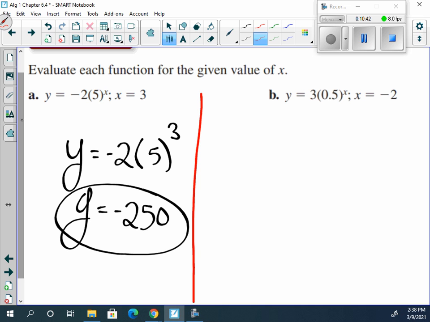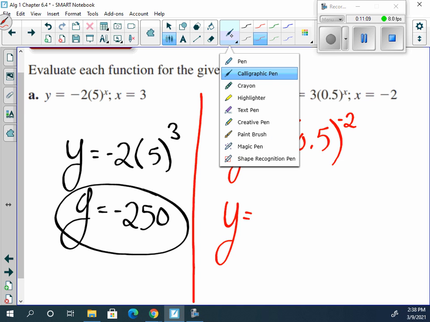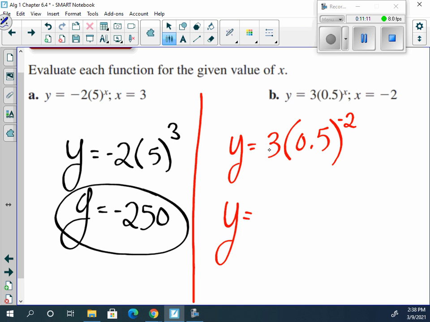Okay, let's try the next one. Y equals 3 times 0.5 to the x. X is equal to negative 2. So we would plug negative 2 in for x. Type this in, see what you get. 12.